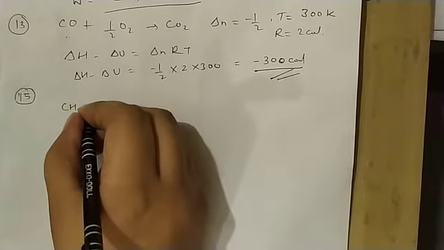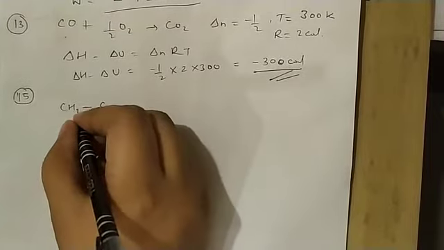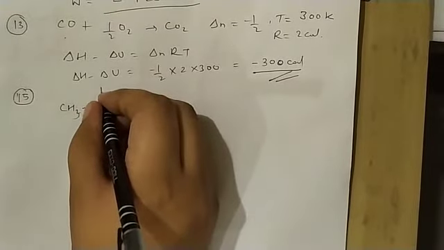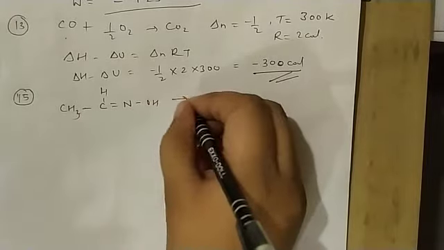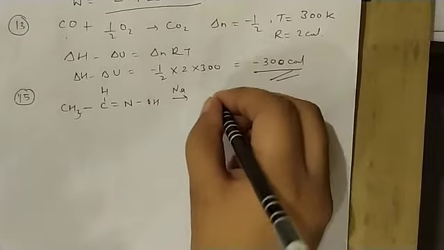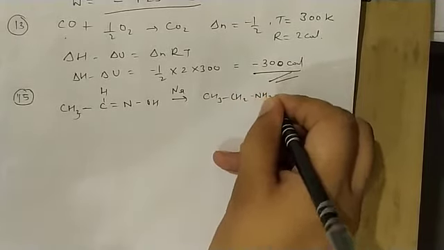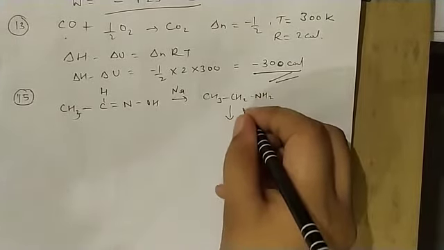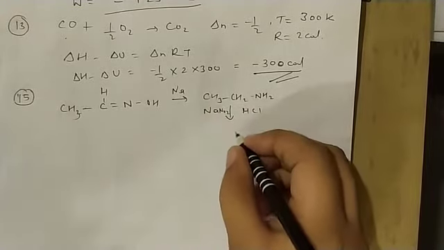Let us make the structure of the reactant first. It will be CH3CH=NOH. It is reacted with sodium in presence of alcohol. It will form CH3CH2NH2, and again it is reacted with NaNO2 in presence of HCl.